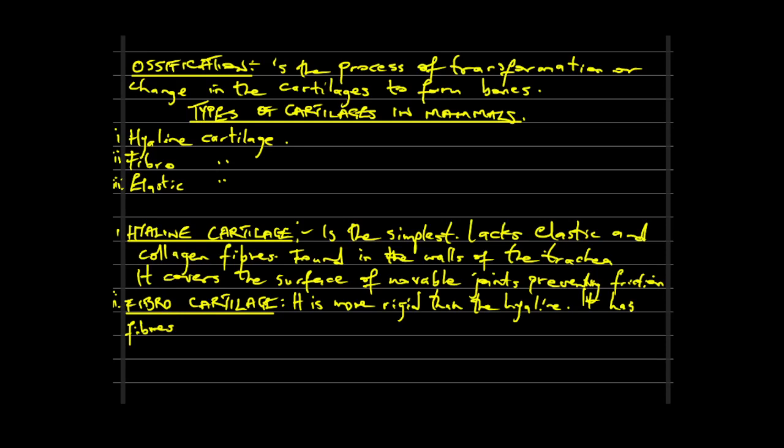It is found at joints and between successive vertebral discs. So in the vertebral column, we have a whole lot of this particular type of cartilage. It is found between the bones of the vertebral column.